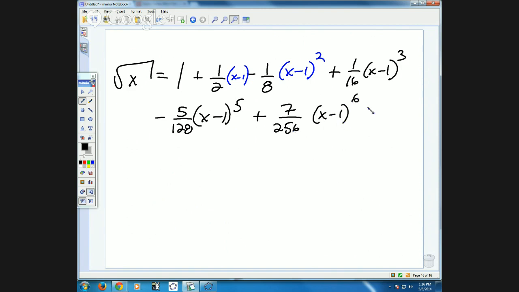I stopped. Okay. This continues, correct? Okay. So what's the interval of convergence?